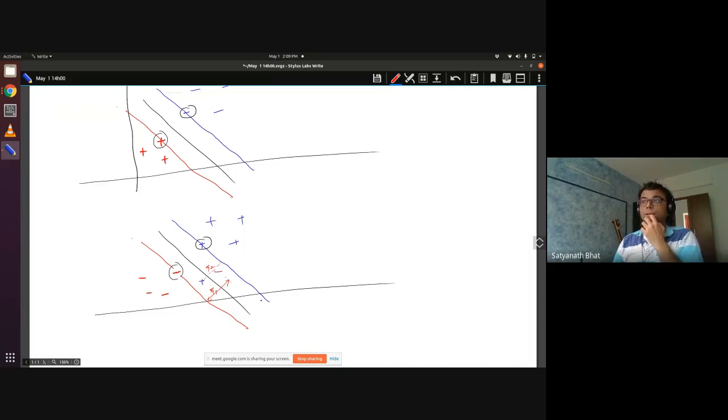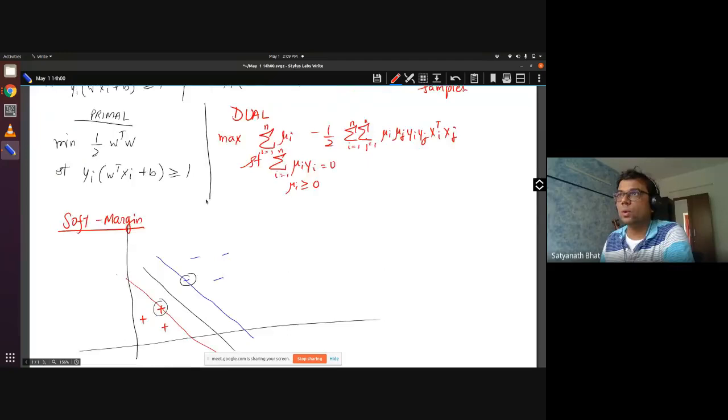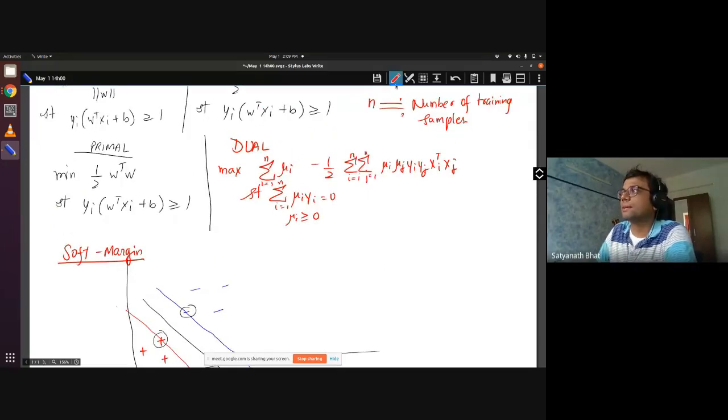So the positive hyperplane will be this blue line, and the other one will be this line. It's defined as the difference, like a tolerance. So it should typically be greater than or equal to 1, but you allow some kind of tolerance. So when we look at the primal problem in the soft margin, what we get is very similar to the original problem with a few extra constraints.